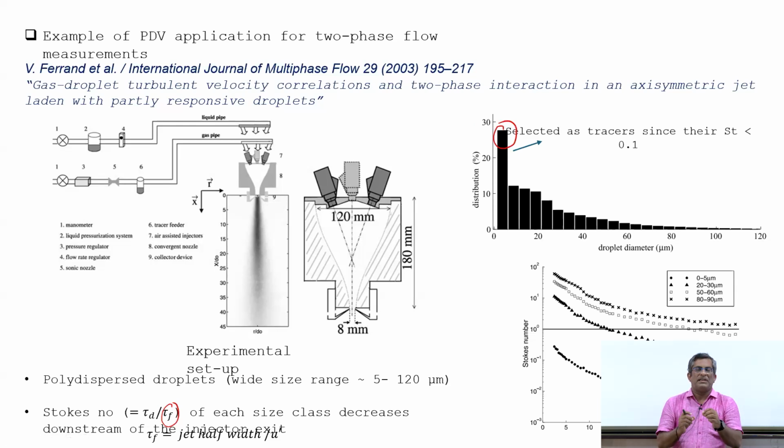Okay. So basically, at any location, you take the PDPA measurement over some long period of time. And then you segregate the data based on the particle size, and then you calculate the velocity of each size class.